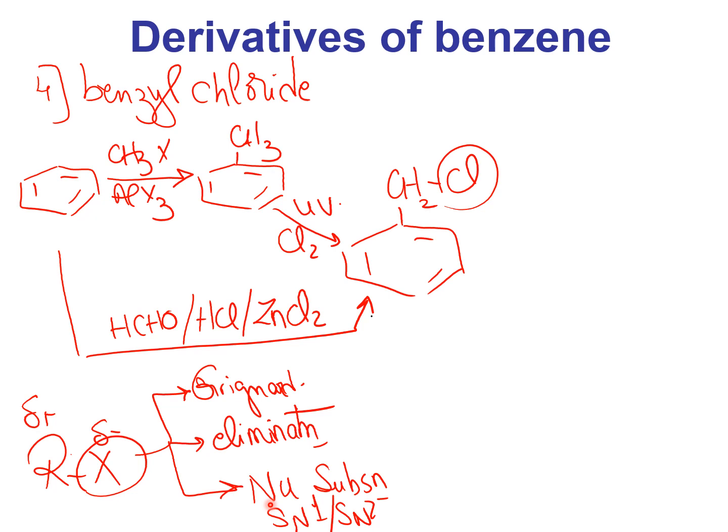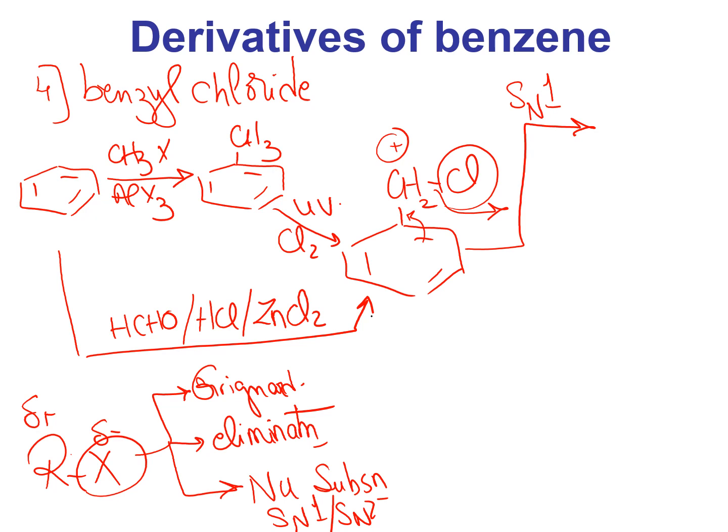We said that in case of benzyl chloride, even though it's a primary alkyl halide, since the carbon attached to the chloro is attached to one carbon, still it will perform a nucleophilic substitution reaction using the SN1 mechanism rather than the SN2, because when the halogen leaves, the carbon carries a positive charge. This carbon is directly attached to benzene.